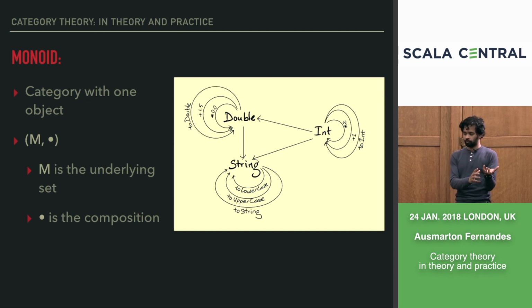It's the collection of objects plus an operation which needs to be defined on it. Now, what this means is any category that you could think of, each object in that category can be thought of as a monoid. Like in this case, we could think of double with any function that would work on a double as a monoid. A string with any function that works from string to string as a monoid.